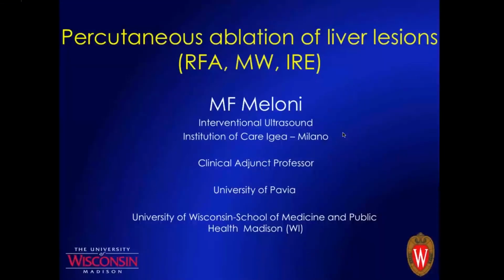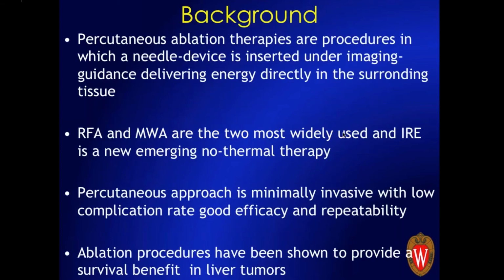Today, my presentation is about the technique of percutaneous ablation of a liver lesion, including radiofrequency, microwave, and electroporation. Percutaneous ablation therapies are procedures widely used for primary and secondary liver tumors.